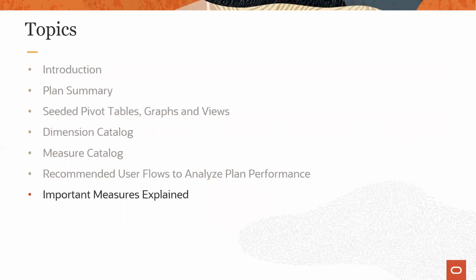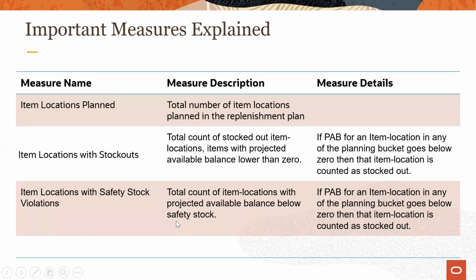Let us explain and understand important measures supported within replenishment planning. Item location planned measure provides information of total number of item locations planned within a replenishment plan. Item location with stockout measure provides information of total count of stocked out item locations within a replenishment plan.